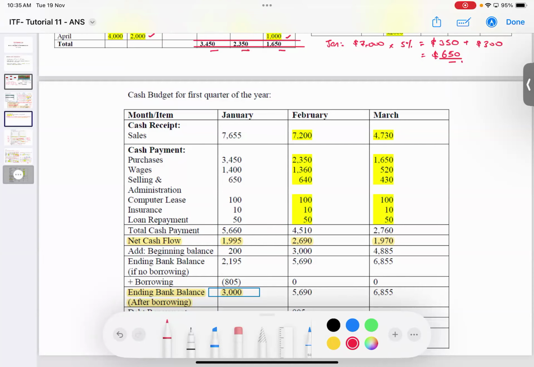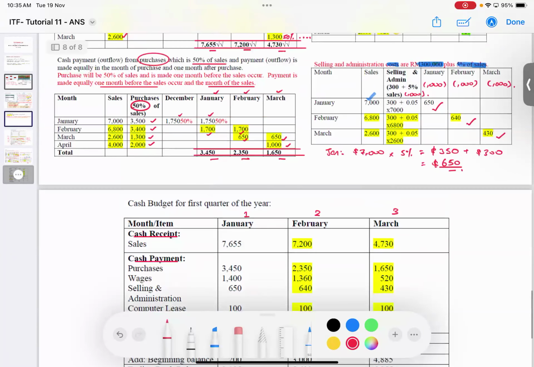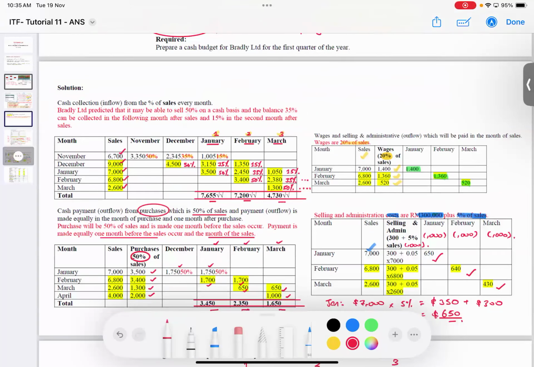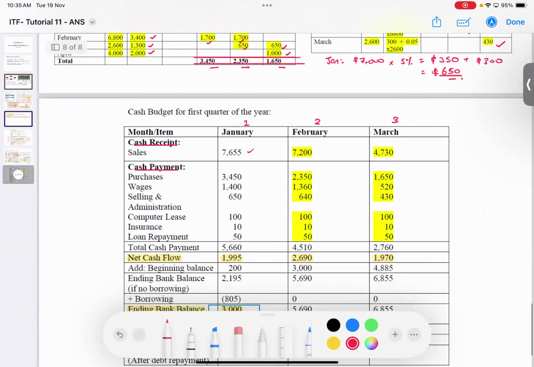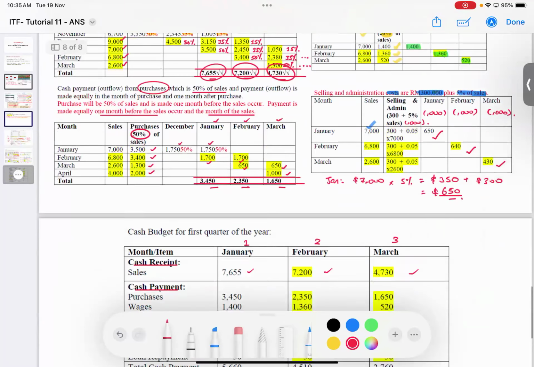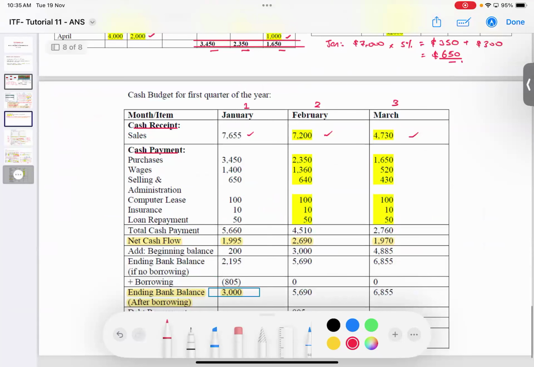Like this one that you see. You have cash inflow and cash outflow. You have January, February, and March. So we put that sales in. All the sales that we calculated here, we can put that in. Then cash payment.